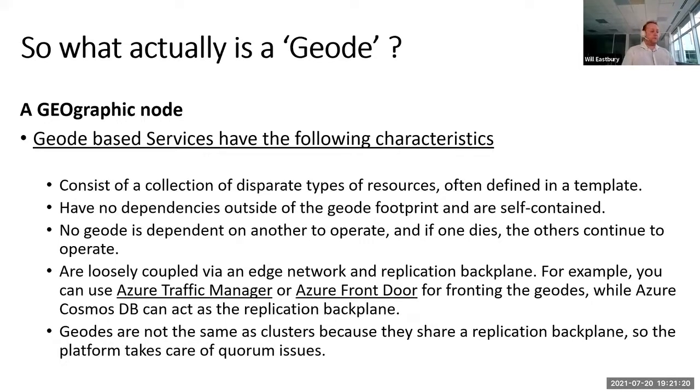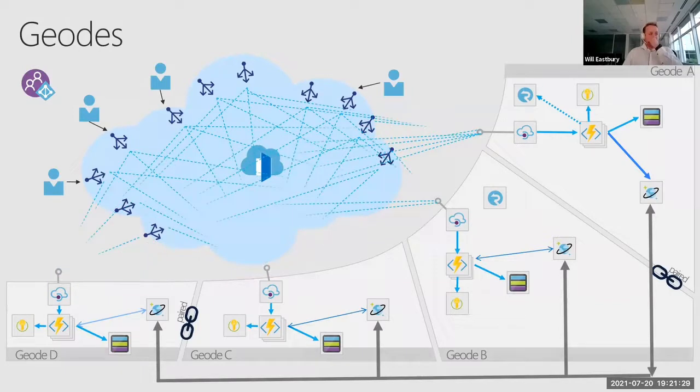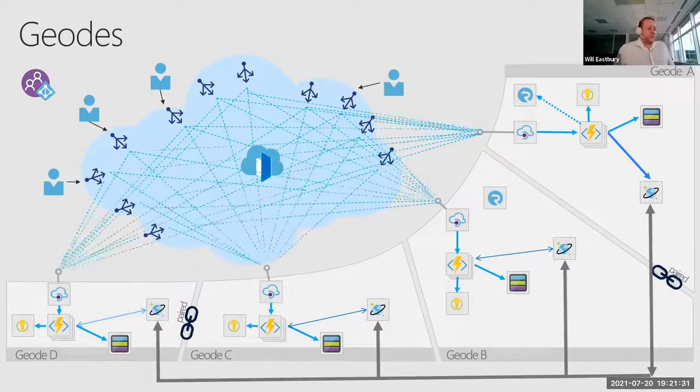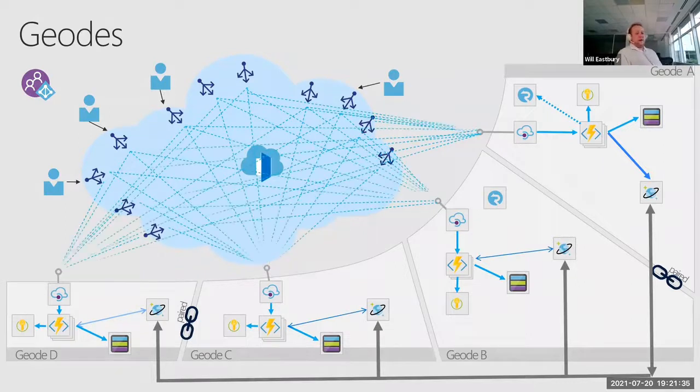This is an example of a possible geode service. And we have a nice animation on here, but this kind of cloud that you can see is actually the activity probes.